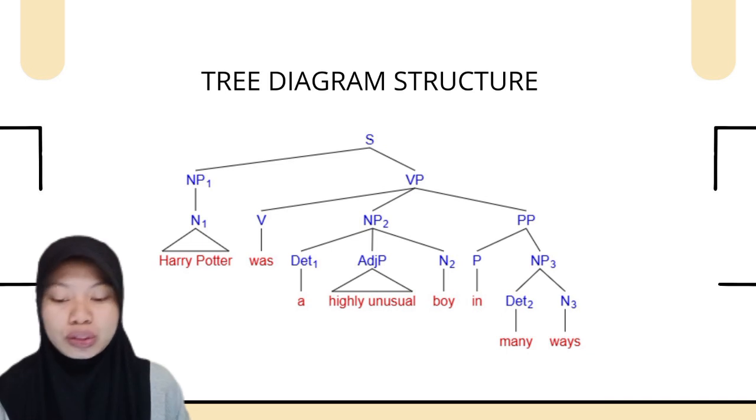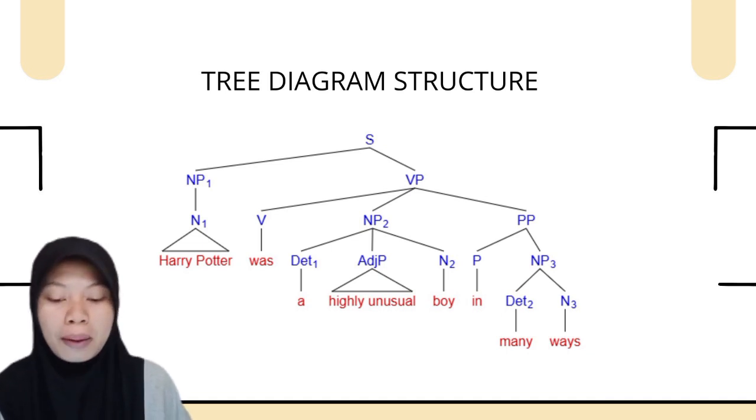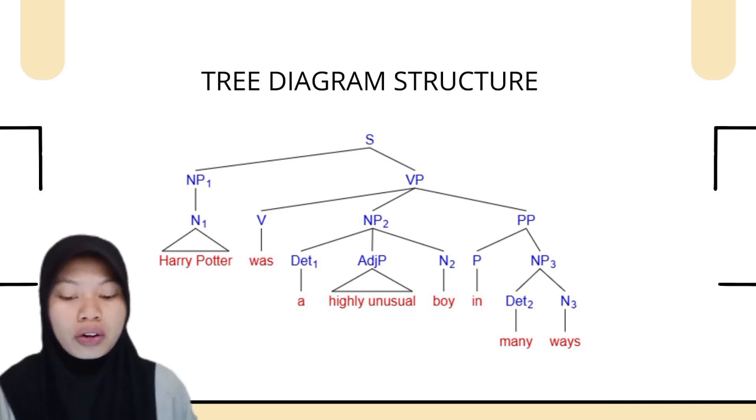Next is NP2, the noun phrase as the subject complement. Inside NP2 we have a determiner introducing the noun phrase, an adjective phrase highly unusual describing the noun, and N, boy, the head noun of this phrase. Together, a highly unusual boy describes or renames Harry Potter.